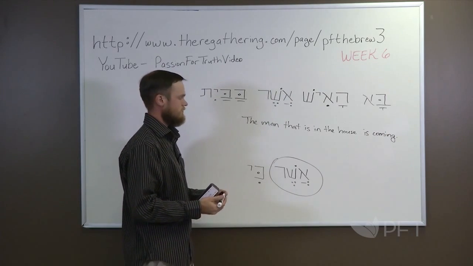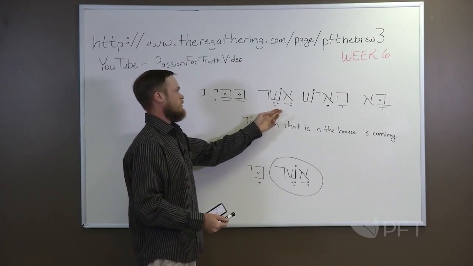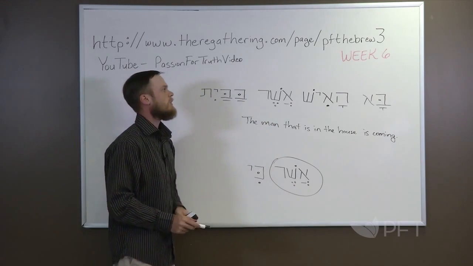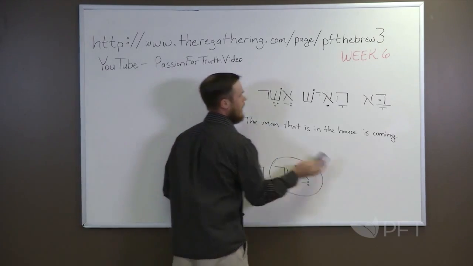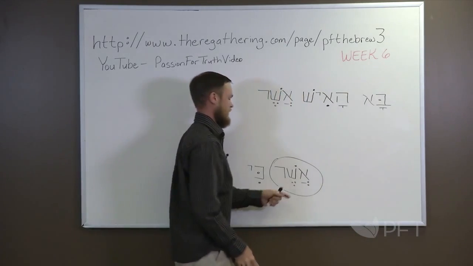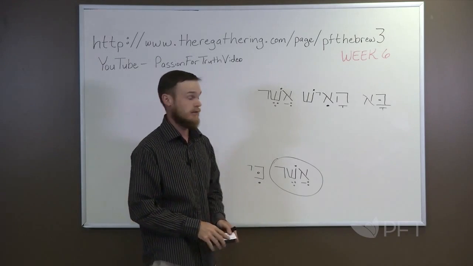So this can introduce an adjective, a prepositional phrase, or a verb. It can introduce something that is masculine, feminine, singular, or plural. Its form does not change. The form of conjunctions does not change, just like prepositions.